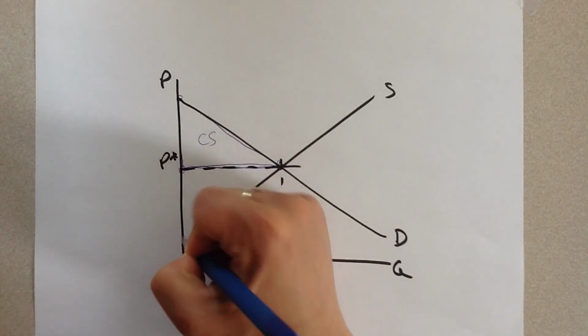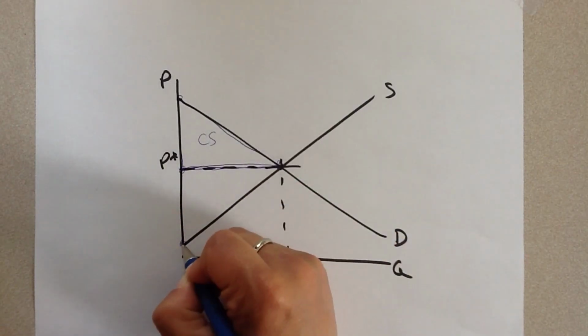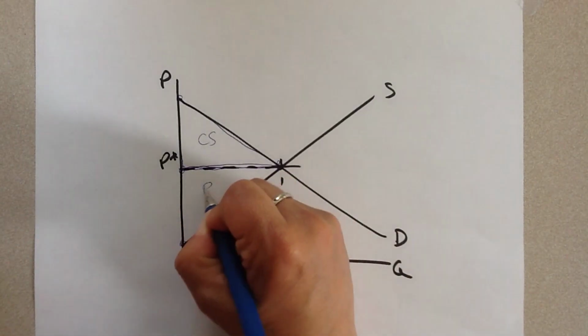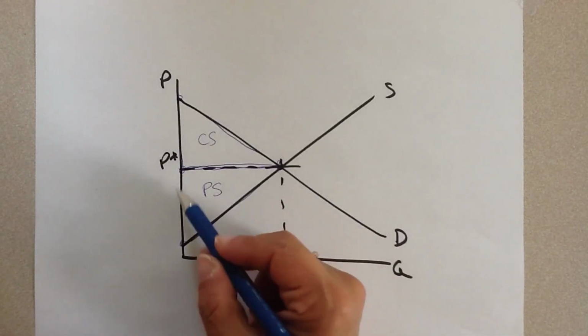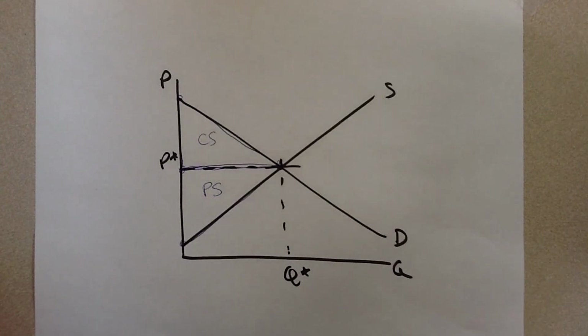And the producer surplus is this triangle. And you know that the demand and supply curves might not be straight lines, but when we're going to actually calculate, if we wanted to find the area of that shape, it is more convenient. You tend to see the straight lines for those situations.